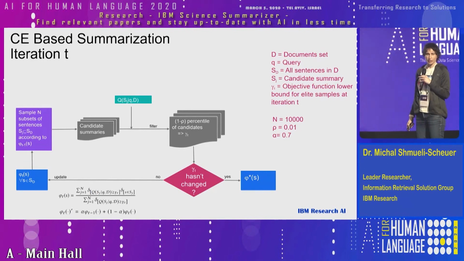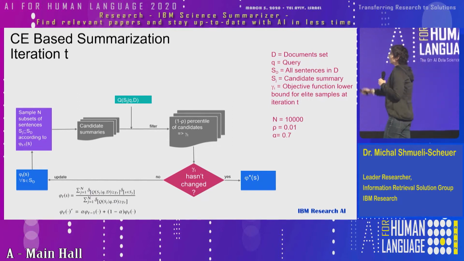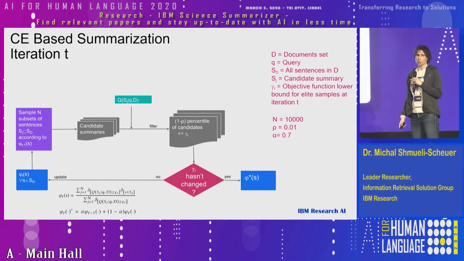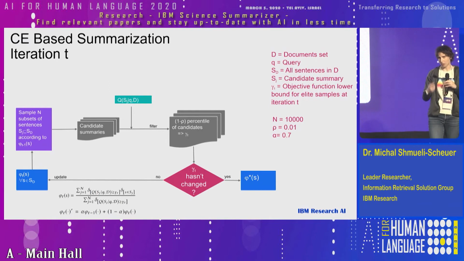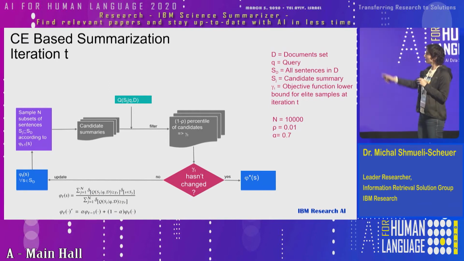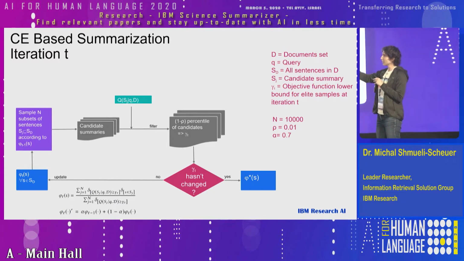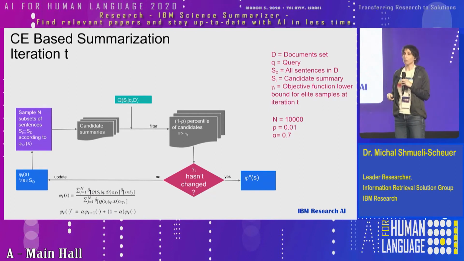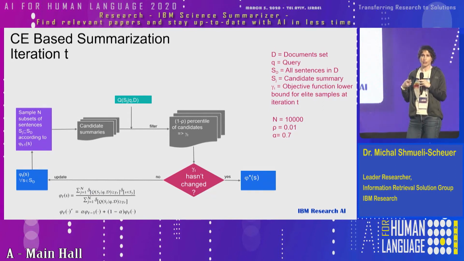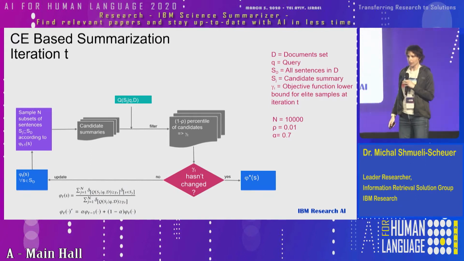Then I evaluate them with the qualities and get a score. We define the elite sample to be the top percentile, so 1% of the summaries. If it's not good enough, we update. Now the elite samples contain summaries that perform better than the others, so some of the sentences in them will get a higher probability to be chosen again and again until we converge to the solution.